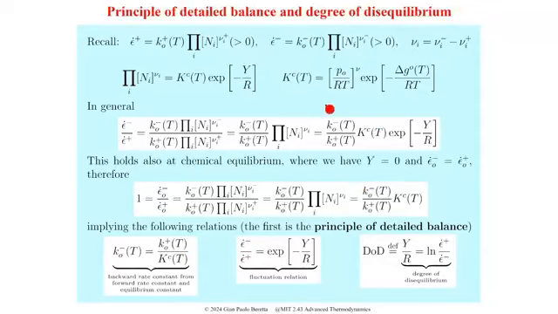That means this combination here, this prefactor of the exponent, is equal to 1. And so in general, I obtain that the ratio of the backward to the forward rates is equal to e to the minus the affinity over the gas constant.